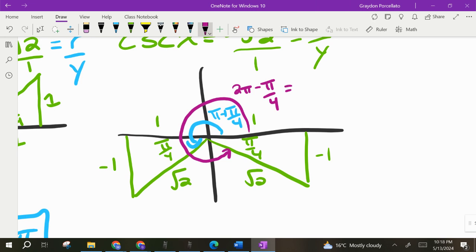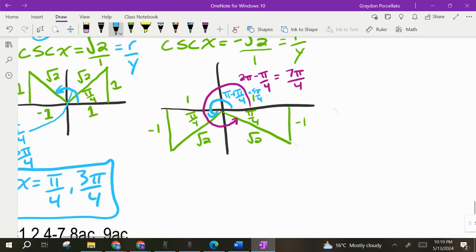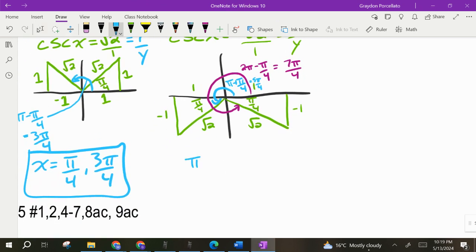And the answers to these, well, this one is 7 pi over 4. If you're subtracting that, just get a common denominator. And this one's going to be 5 pi over 4. So my last two solutions are 5 pi over 4 and 7 pi over 4.